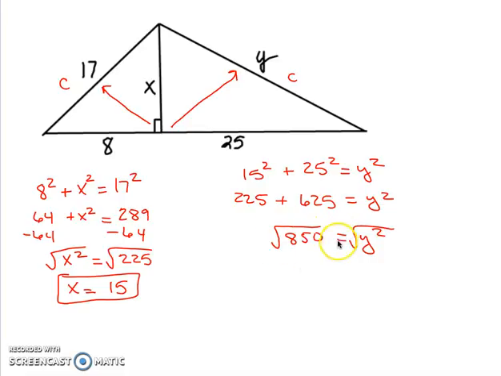So once I take the square root of both sides, these would cancel, so y would equal the square root of 850, and that is not a perfect square, so it needs to be broken down. So we would break that down into square root of 25 and square root of 34.